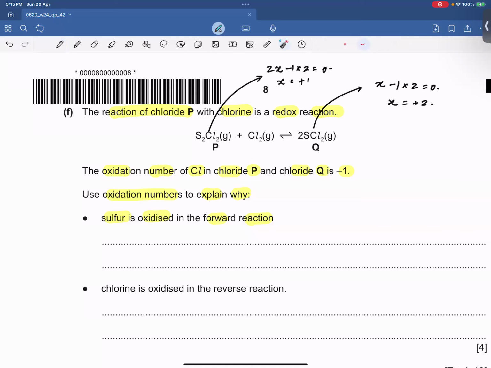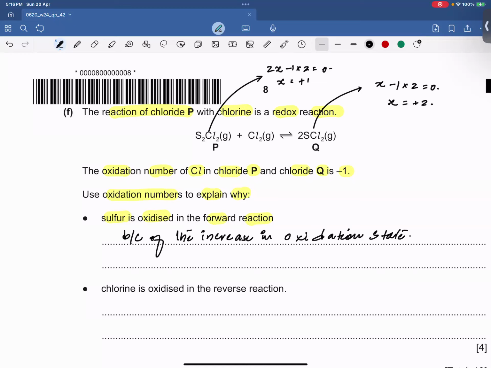So technically sulfur's oxidation state increases from +1 to +2, which is why sulfur is oxidized, because of the increase in oxidation state.